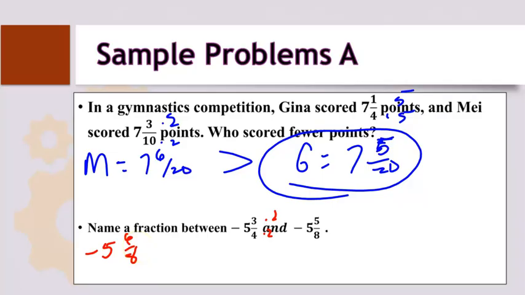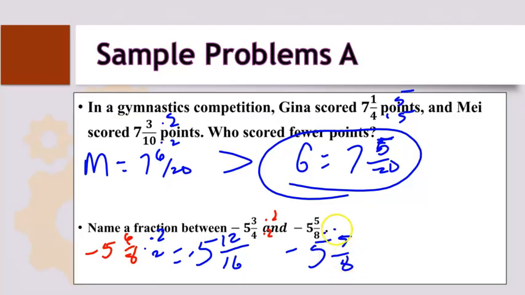Now there's not a number between 6 and 5, so I would want to rewrite the fraction again.